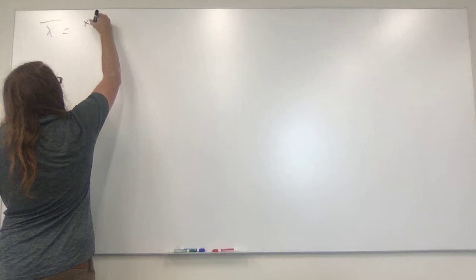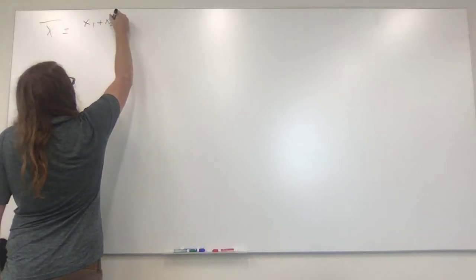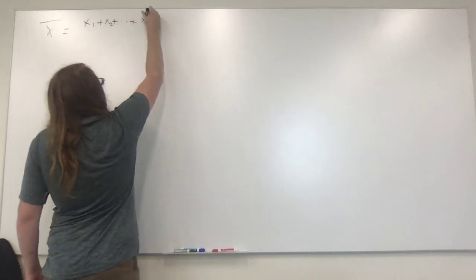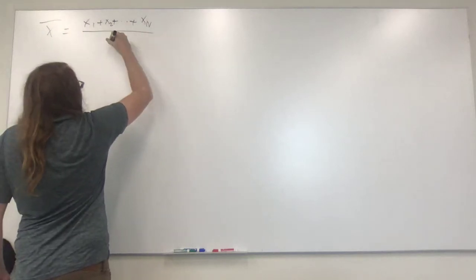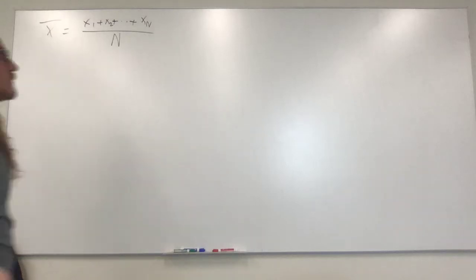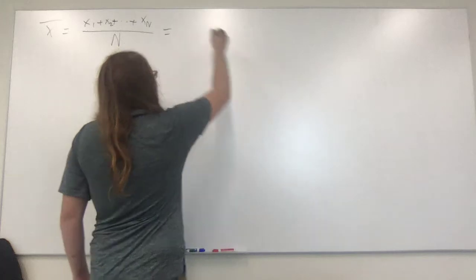So we can write that as x1 plus x2 plus dot dot dot plus xn, where n is the number of numbers, over n. And the way that it's written in the manual is, this is called summation notation.